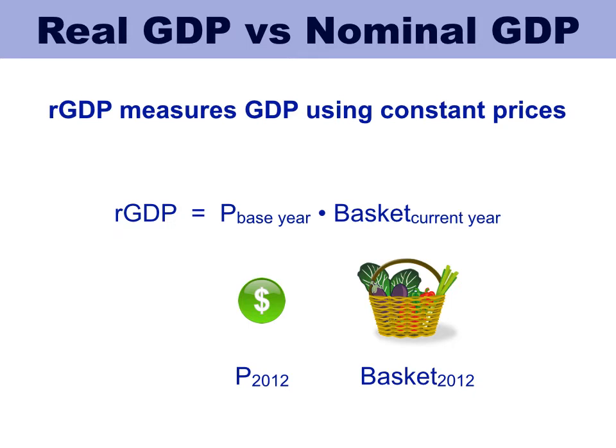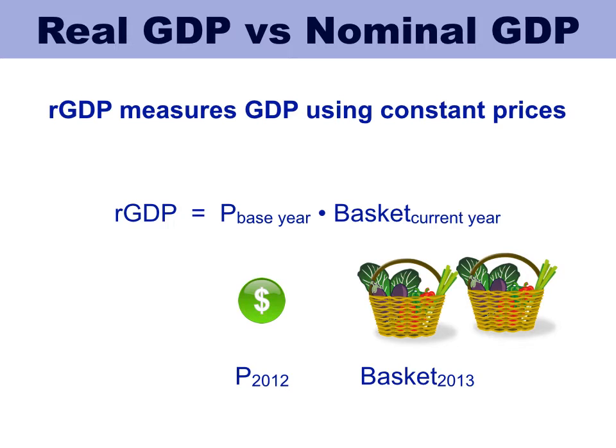It doesn't matter which direction I move, but let's take the 2012 basket and multiply it by the 2012 prices. Now, if I wanted to get the 2013 real GDP, I'm going to take the 2013 basket and multiply it by the 2012 prices. So notice that the only thing that's changed here is the real amount of production.